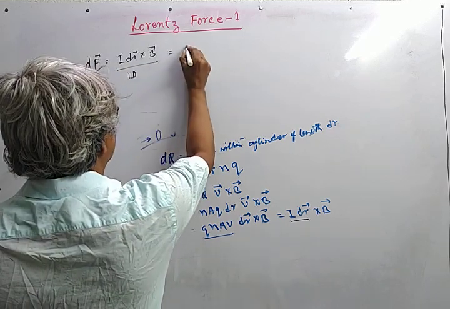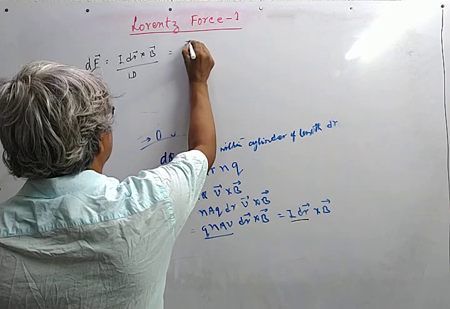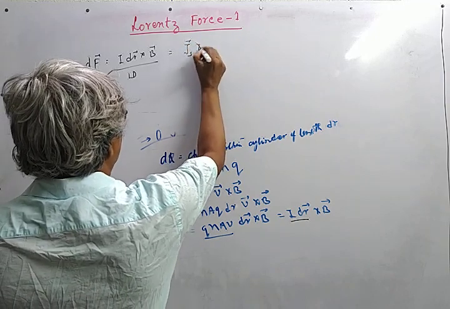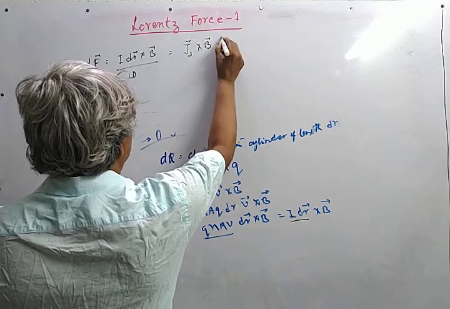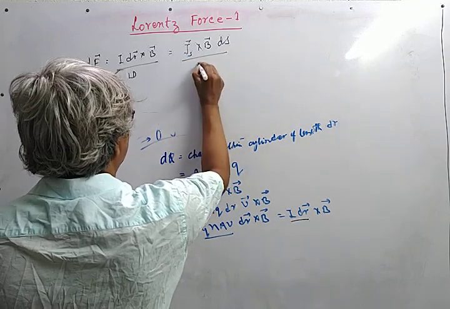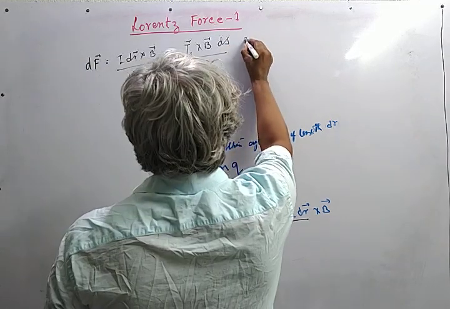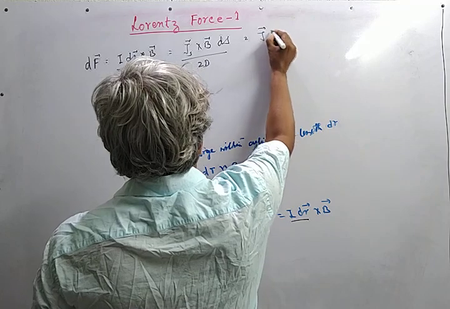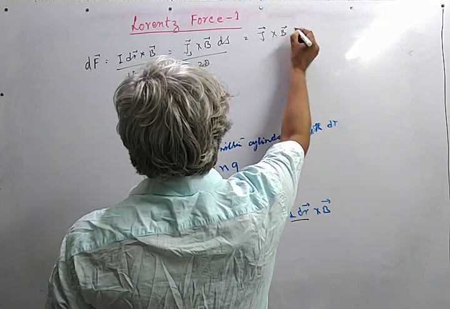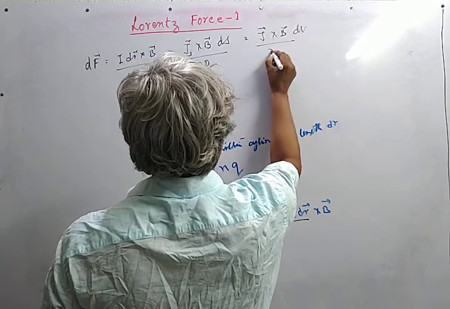This is equal to J_s cross B ds in 2D, and this is equal to J cross B dv in 3D.